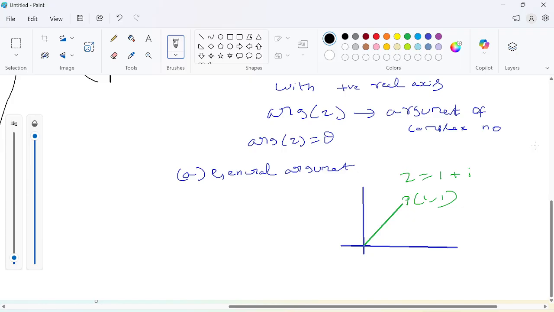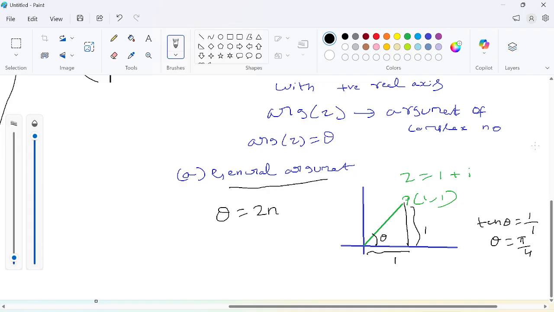What will be the theta value? This part is 1 and this part is also 1. Tan theta is opposite side by adjacent side, 1 by 1, so theta will be pi by 4. But the general argument tells that theta will be 2n pi plus pi by 4.